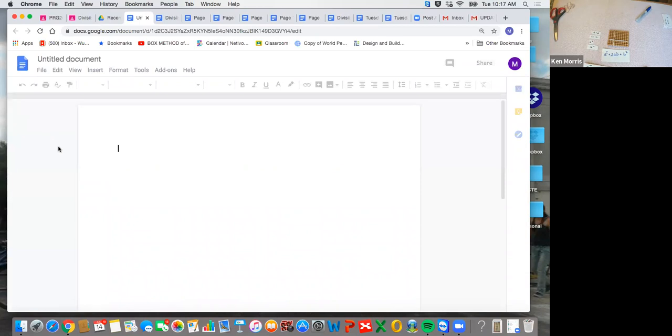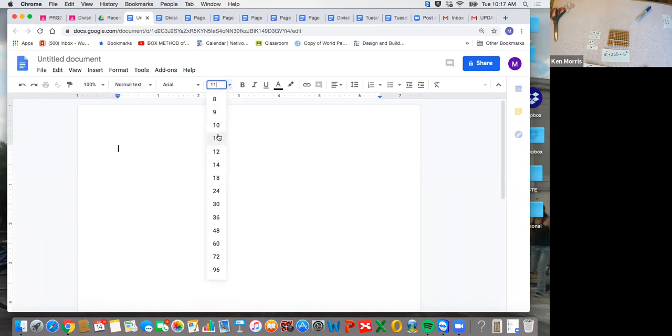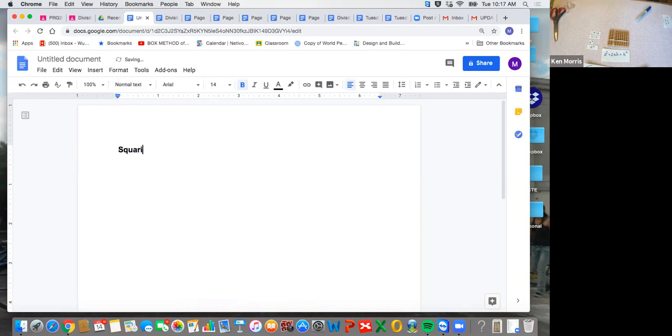Okay, so let me increase the font, make it bold. All right. So we're talking about squaring the binomial using letters.